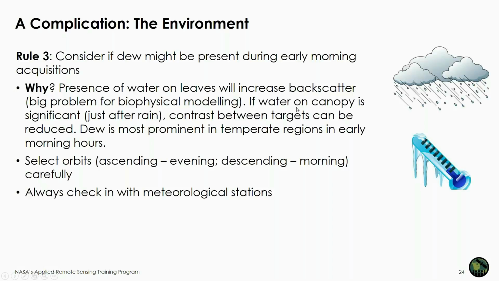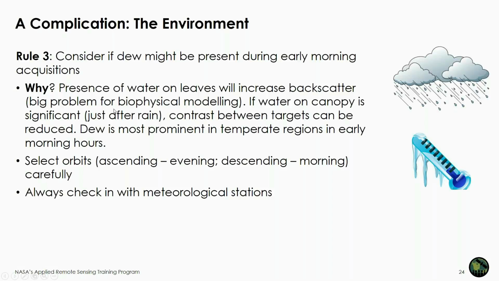So if the water on the canopy is significant after rainfall or due to this overnight formation of dew, then that can create significant scattering of the radar signal. So whether we're talking about rain events that can happen diurnally, whether we're talking about freezing or thawing of the soil surface, or we're talking about the formation of dew on the canopy, these are environmental factors that we should be considering.